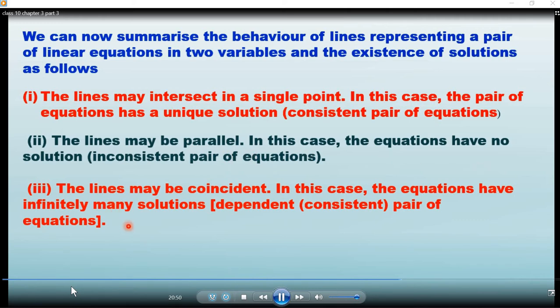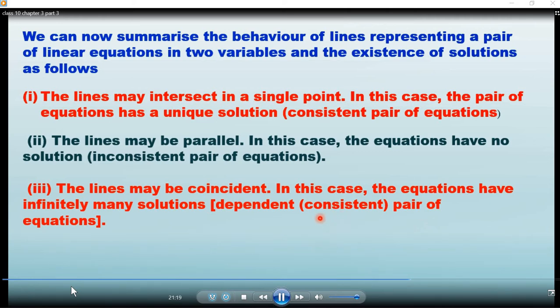The third behavior of lines is that they can have infinitely many solutions when they are coincident. And if they have infinitely many solutions, it means they are dependent on each other. Dependent on each other means they are coincident. And coincident lines, having infinitely many solutions, are again called a consistent pair of equations.